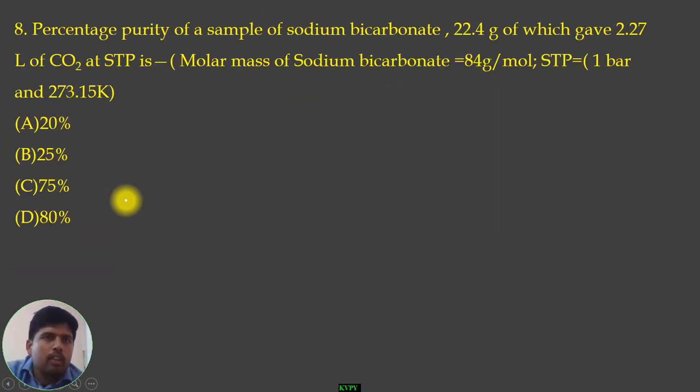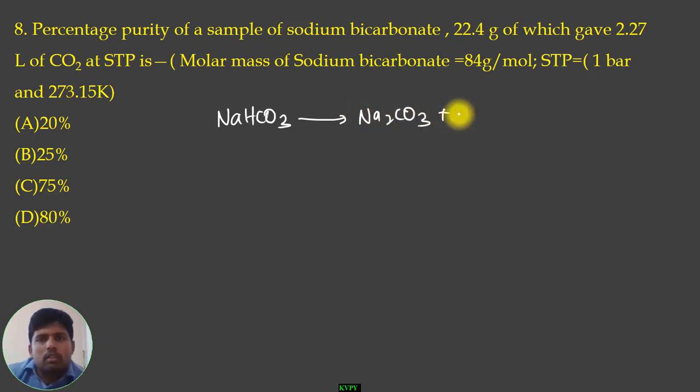The next question. Percentage purity of a sample of sodium bicarbonate, 2.4 gram of which gave 2.27 liter of CO2 at STP, is. So very simple. First we need a balanced chemical reaction here. NaHCO3 on decomposition gives Na2CO3 plus CO2 plus H₂O.